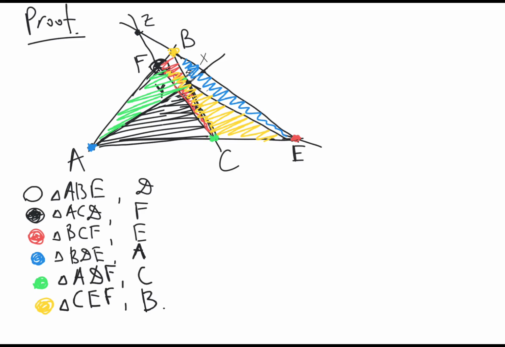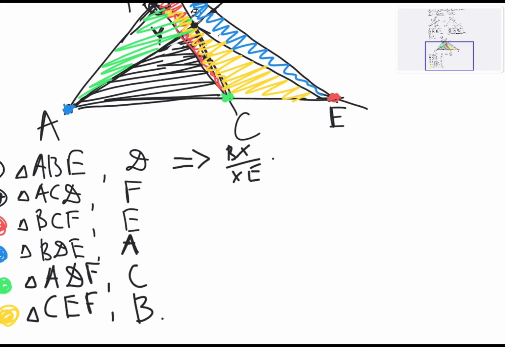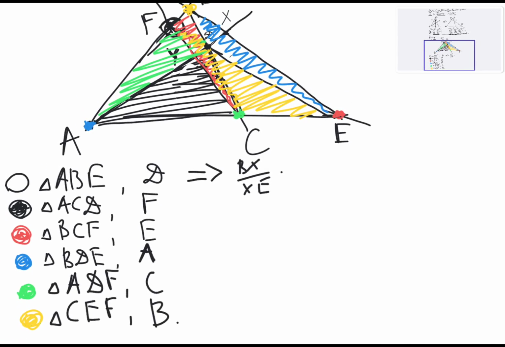Yeah. So now let's write the ratios. So for this, ABE, this large triangle, and the intersection point D here in the center. So we have BX over XE. Ideally we need to write it with vectors.